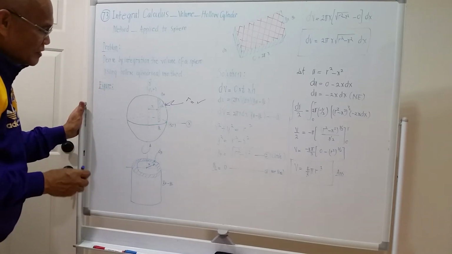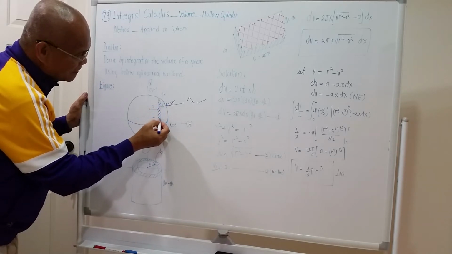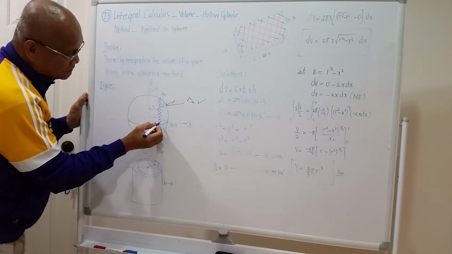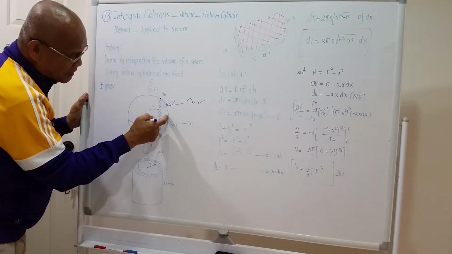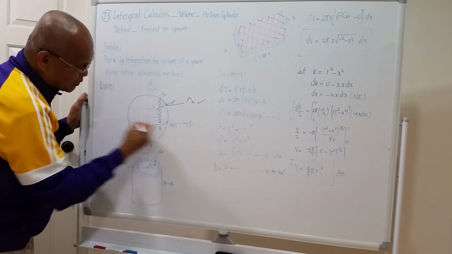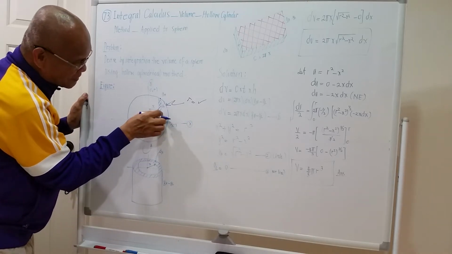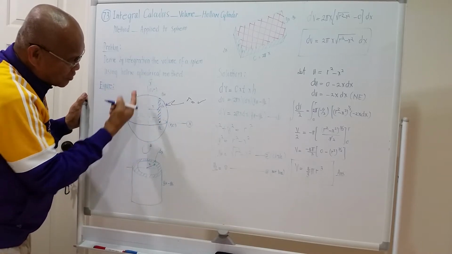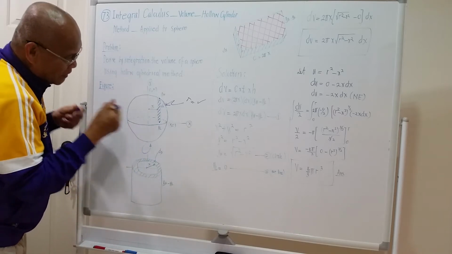Let's draw the vertical slice. This is the vertical slice. This is y higher, this is y lower. Y higher lies on the circle, and y lower lies on the horizontal axis. The thickness is dx, and the axis of rotation is the vertical or y-axis.